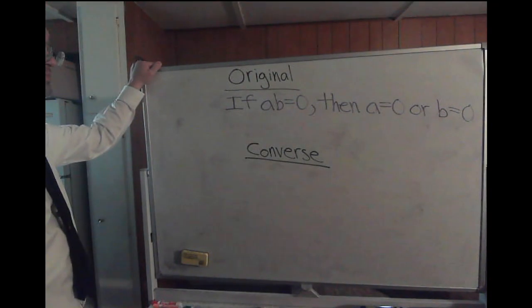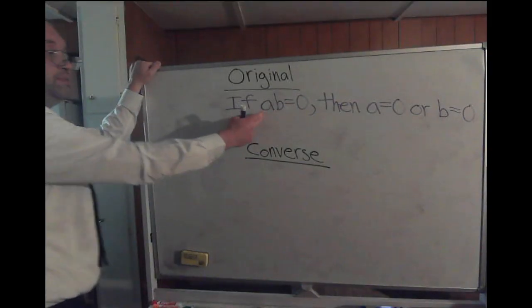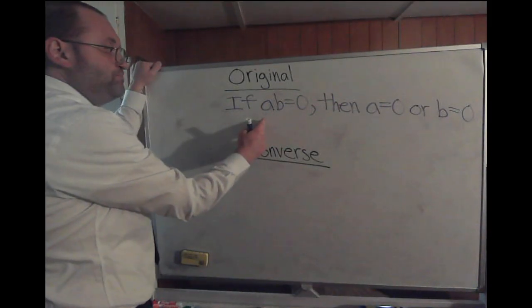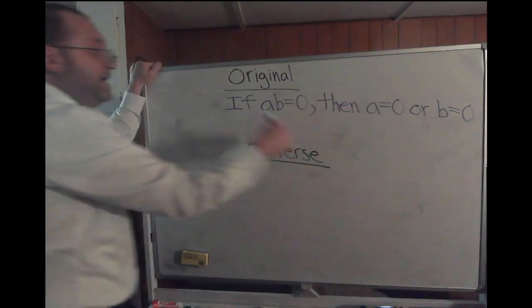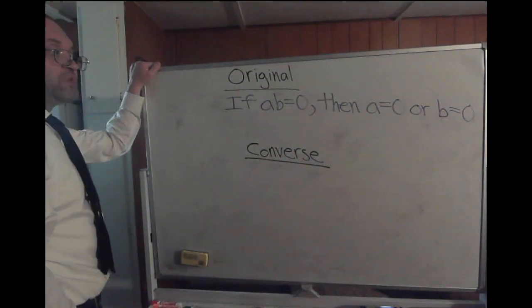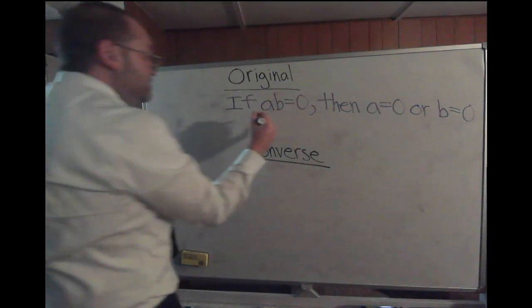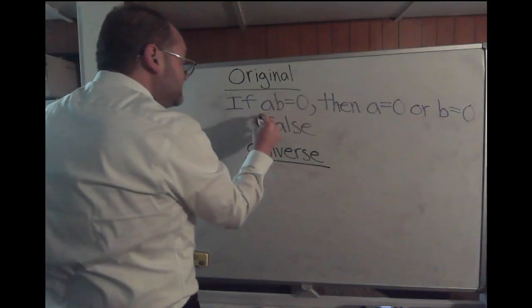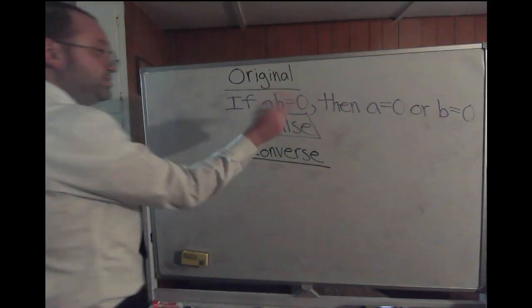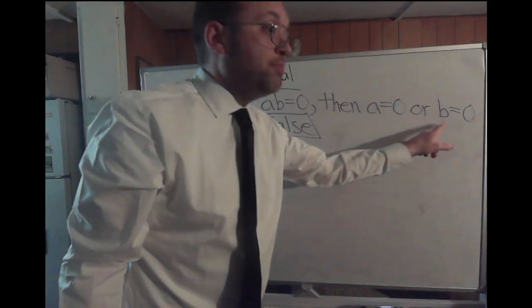Well, that's basically what this is really saying here, that if A equals 0, then B has to be something other than 0. Or if B equals 0, that A has to be something other than 0. What if they're both 0? 0 times 0 is 0, is it not? So we actually have a false statement here because it doesn't take into account that both of these could be 0. It says A equals 0 or B equals 0.